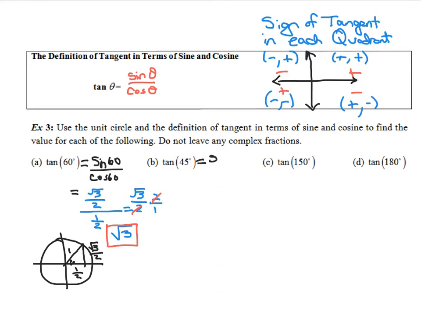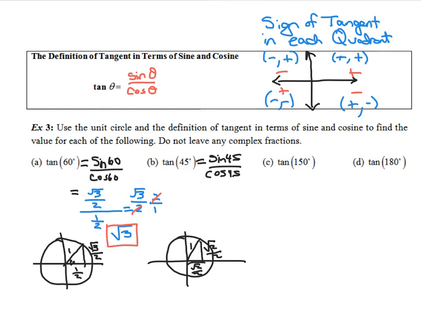Now let's go ahead and do tangent of 45. That means I want to find the sine of 45 and divide it by the cosine of 45. Make your unit circle. In this case, I'm talking about my 45-degree angle. So let's make our 45, 45, 90 triangle. We know that each leg is radical 2 over 2, and the hypotenuse is 1.